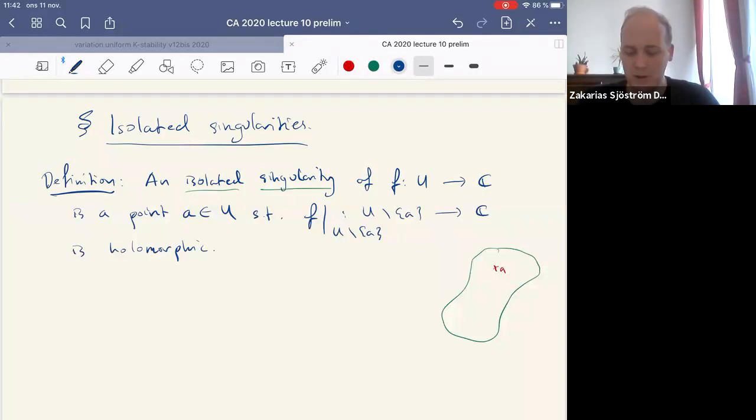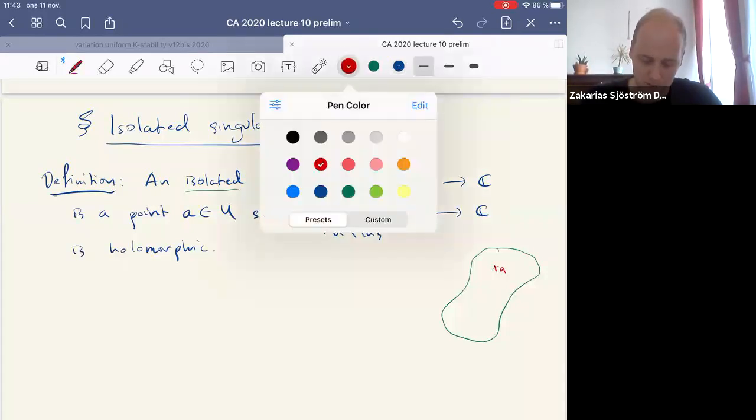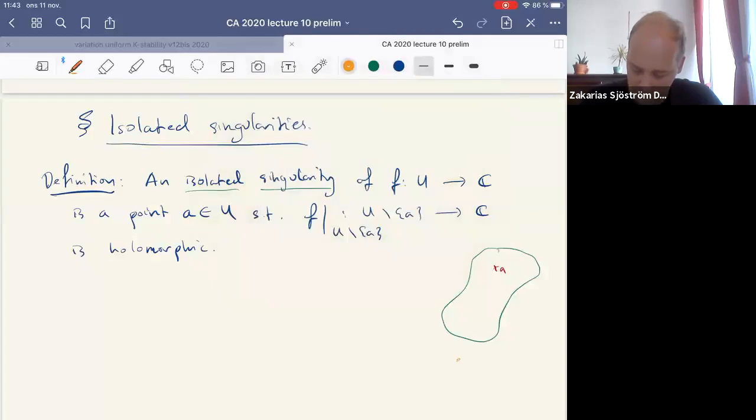But this is somehow a little bit stupid. So this is what we call then a removable singularity. It means that our function might not be defined there right now, but we could define it there so that it becomes holomorphic. And the example of something like this would be sine z over z, where it's not immediately obvious what happens actually when z equals 0, but it is a removable singularity.